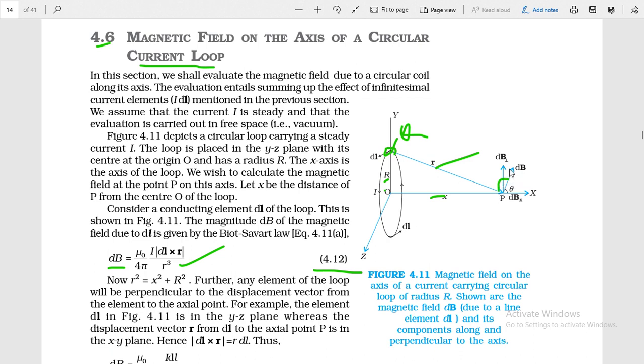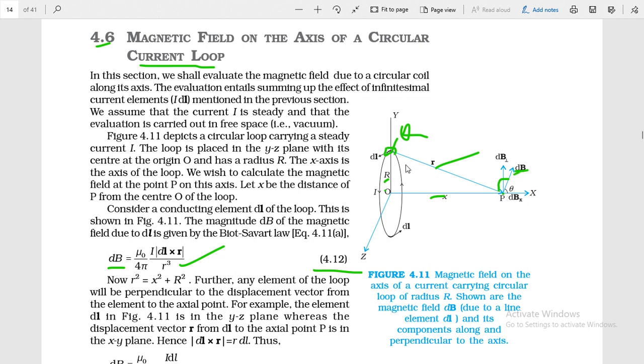This dB is the magnetic field due to this element dl at point P, according to the right hand palm rule.